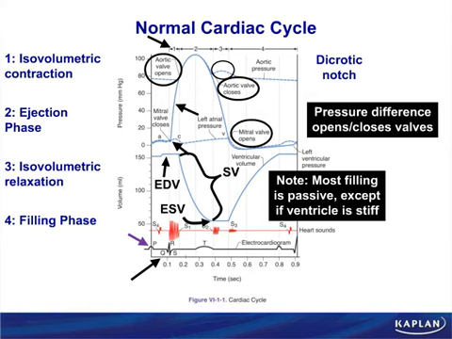Where does that come into play? What's going to be the big thing for this on Step 1? Well, AFib, the arrhythmia AFib. Atrial fibrillation is a non-coordinated electrical activity, so there is no effective contraction of the atrial muscle.